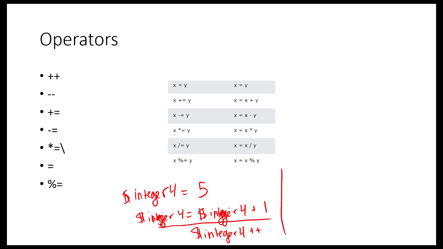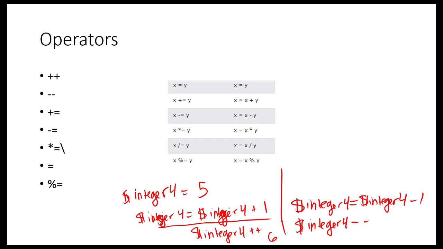Or opposite, I can do integer 4 minus minus, which is the same as saying integer 4 is equal to integer 4 minus 1. So the end result here is 6, and the end result here is 4.